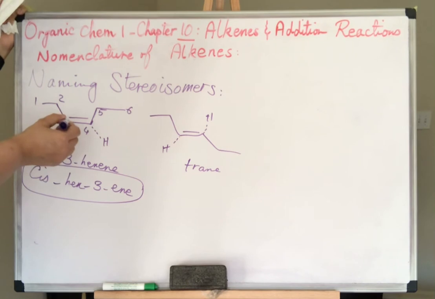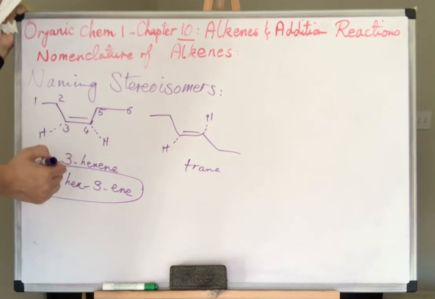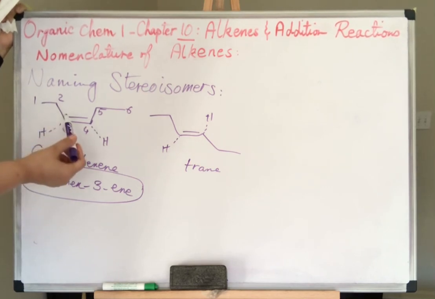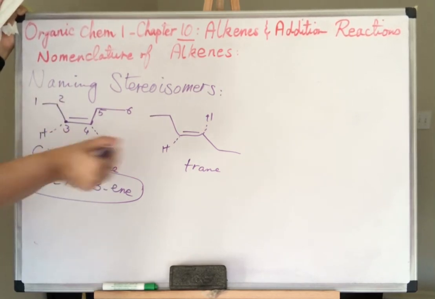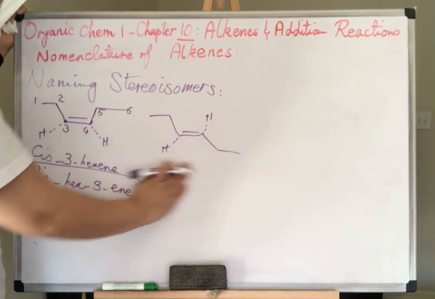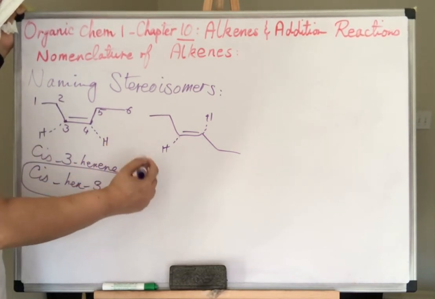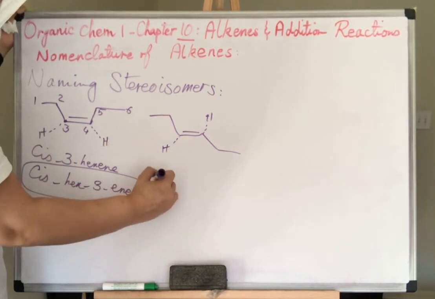Either you say 3-hexene means double bond is between 3 and 4, or you can say hex and then dash a number where the ene is located. Either way is correct. And this is obviously trans 3-hexene or trans hex 3ene.